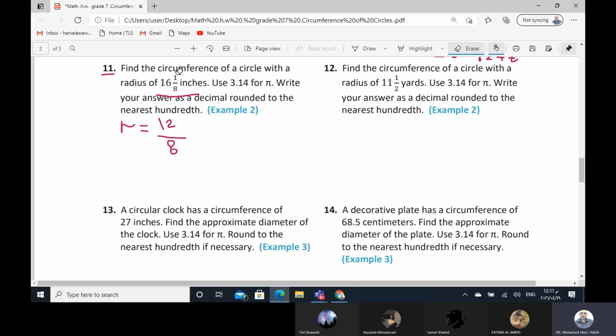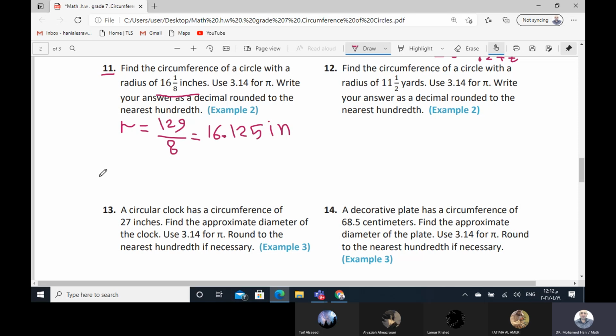Now 128 plus 1 will be 129. Now 129 divided by 8, the answer will be 16.125 inches. This is the radius in decimal.